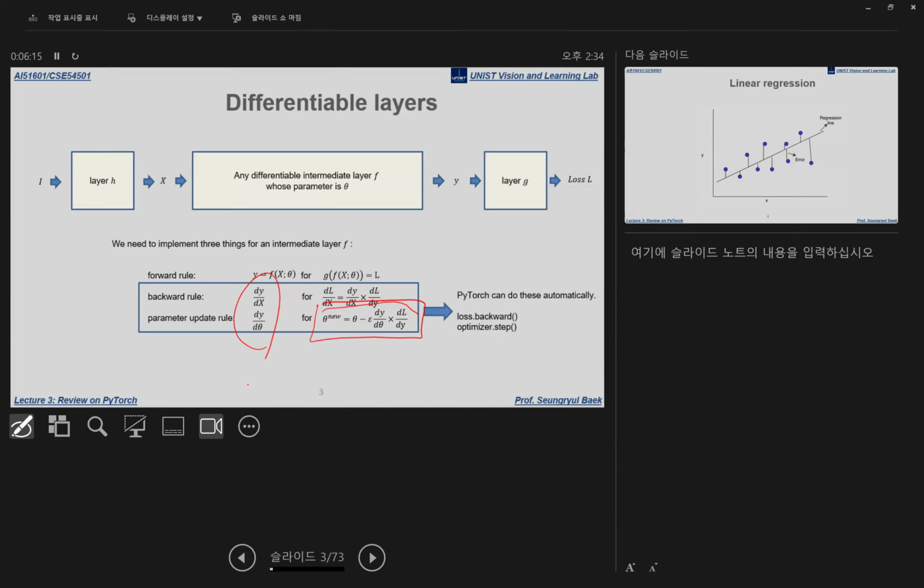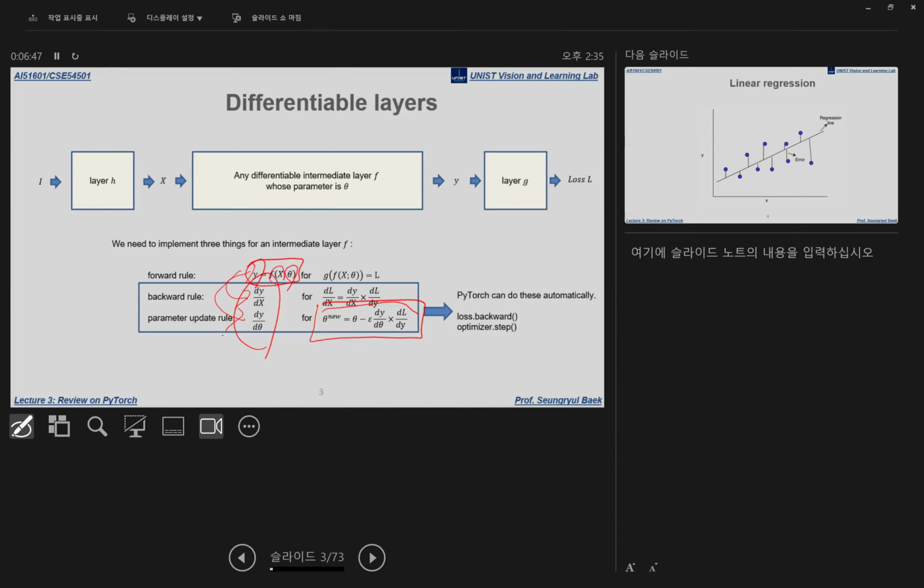When implementing those formulas in Python, maybe the forward rule is simple. We can just use some operators that connect x and the parameter vector to the output y. But to implement dy/dx and dy/dθ, we first have to calculate the closed form solution for this gradient.